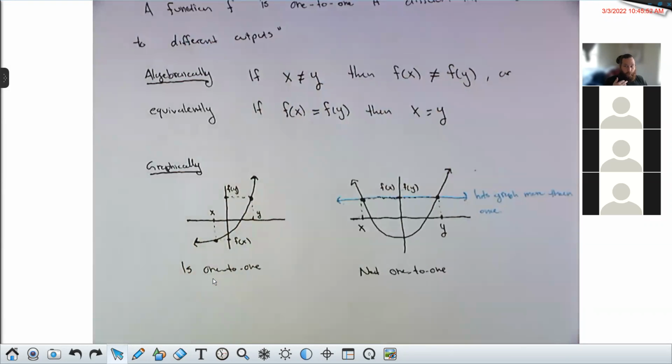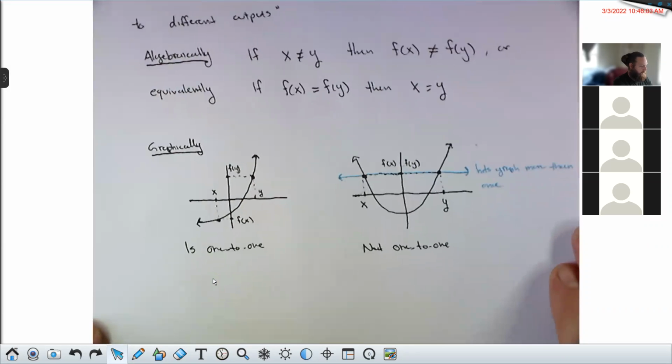And if there's any horizontal line that hits your graph more than once, then the function graphed is not 1-to-1. This is called the horizontal line test.